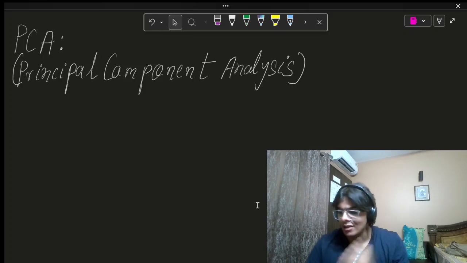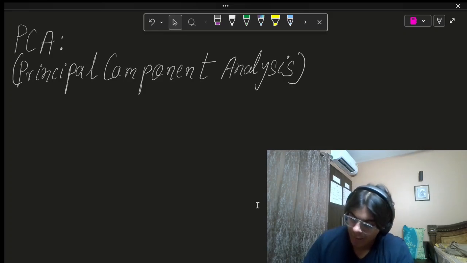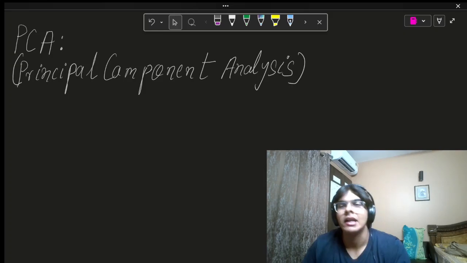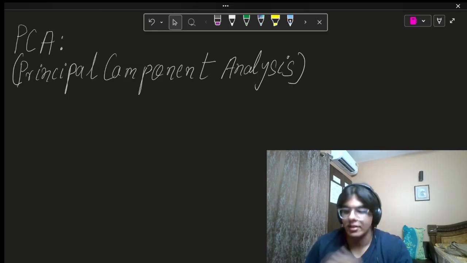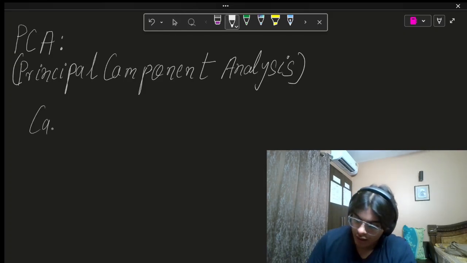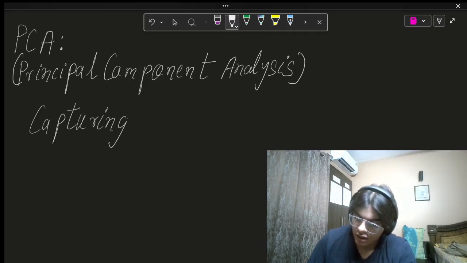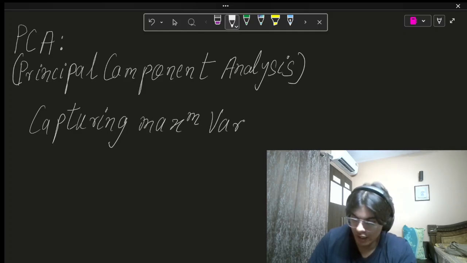As we discussed, we are saying give us some direction in the data set, some features in the data set that are capturing maximum variance. Can we say this? We absolutely can. Why?